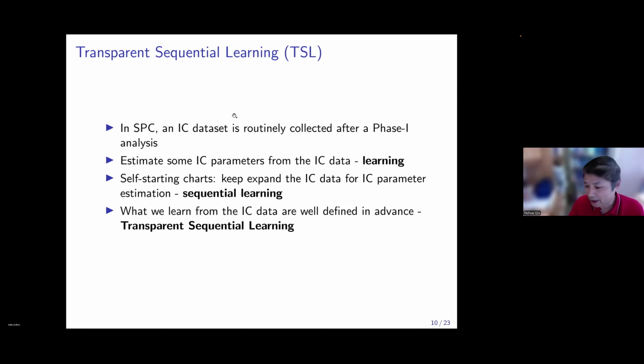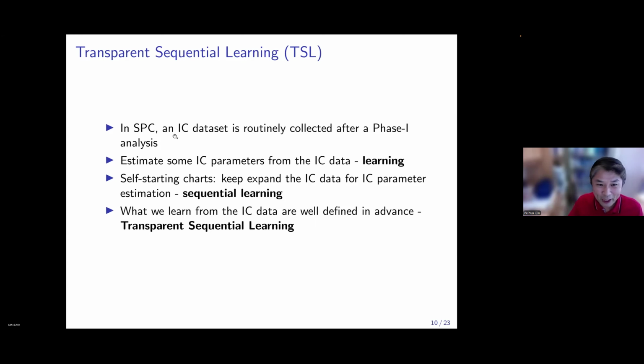So let me briefly introduce the transparent sequential learning concept. I keep telling people that although we SPC people never really mentioned machine learning 10 years ago, we actually used the machine learning idea all the time in this area 100 years ago. For example, in SPC, we usually collect a small initial data set, routinely collected after Phase 1 analysis before the online monitoring, right?